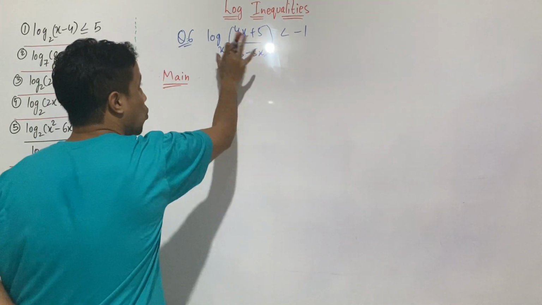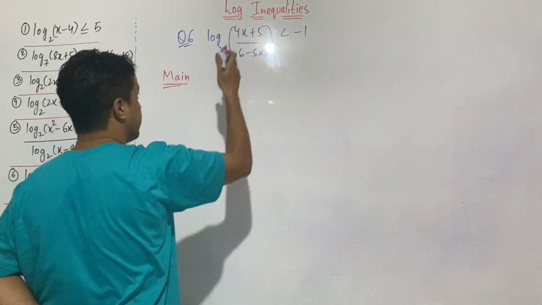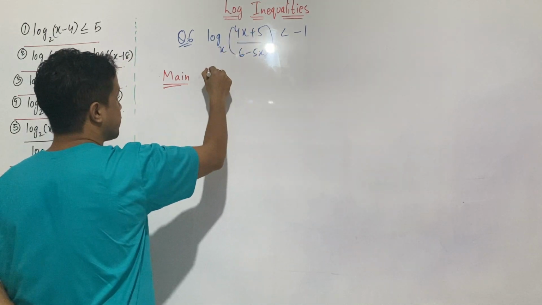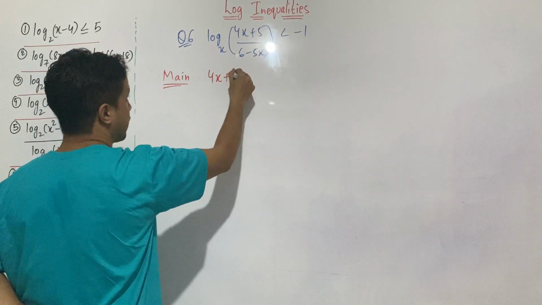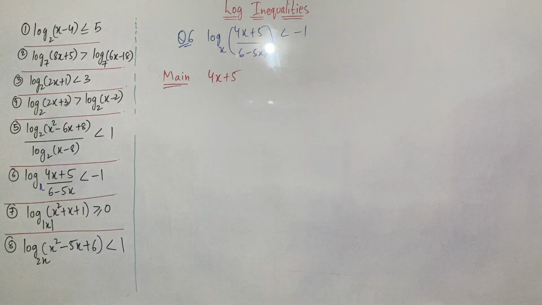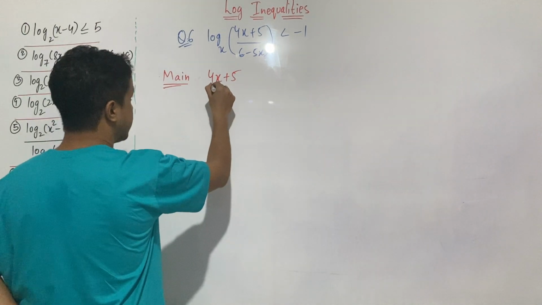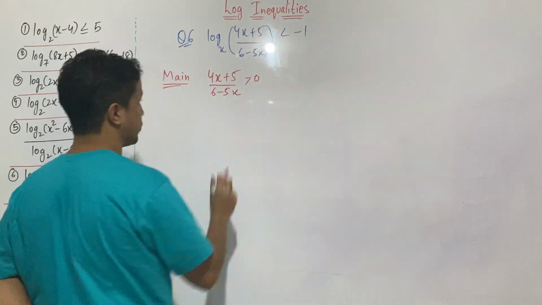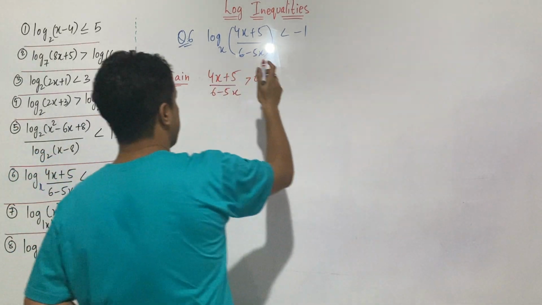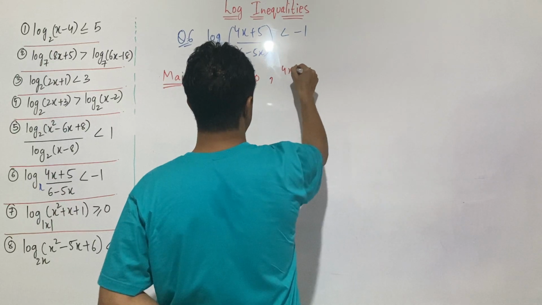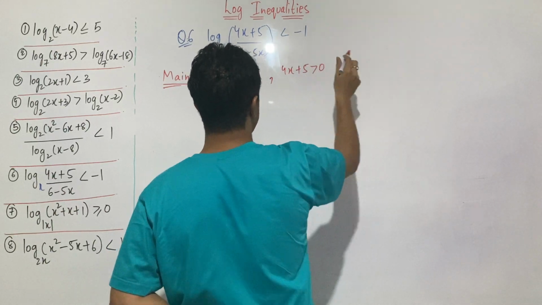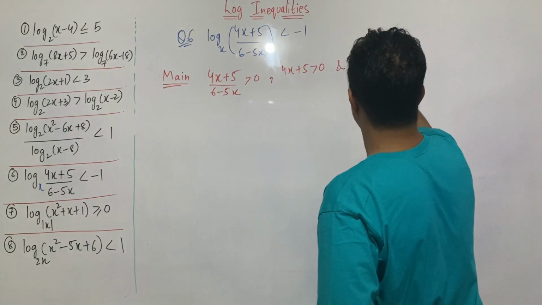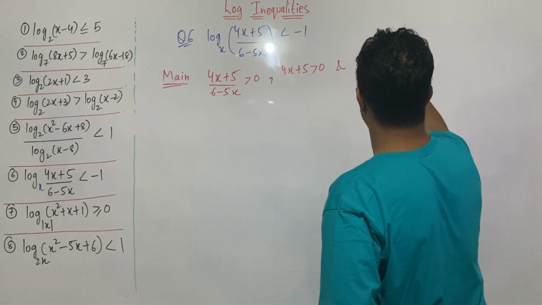So 4x+5 should be greater than 0 and 6-5x is greater than 0.